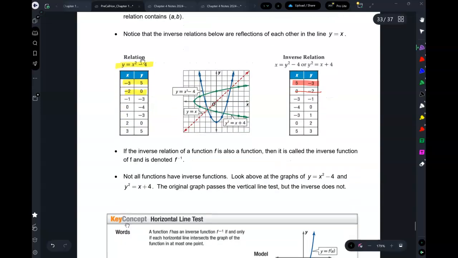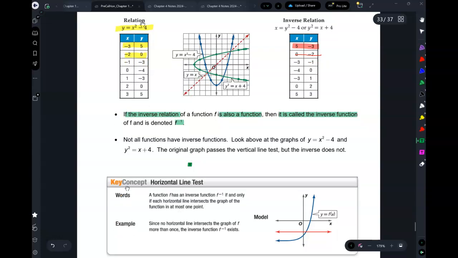Now, if the inverse relation is also a function, then it is called an inverse function, and we call it f inverse, like this. And obviously, as you can see above, not all functions have inverse functions. Like this one here, the blue is a function, but its inverse is not.